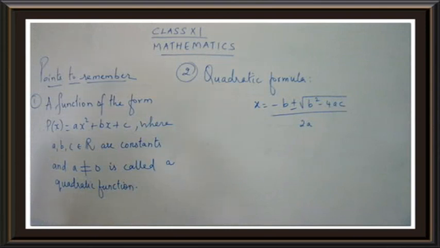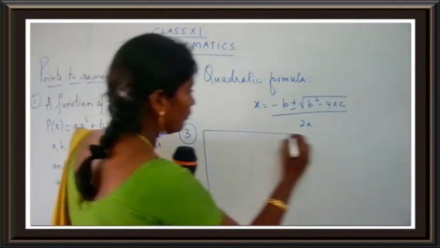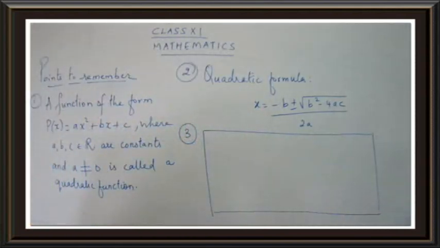Clear? This is the quadratic formula. Third one, you have to draw a table, and this table is on page number 61.